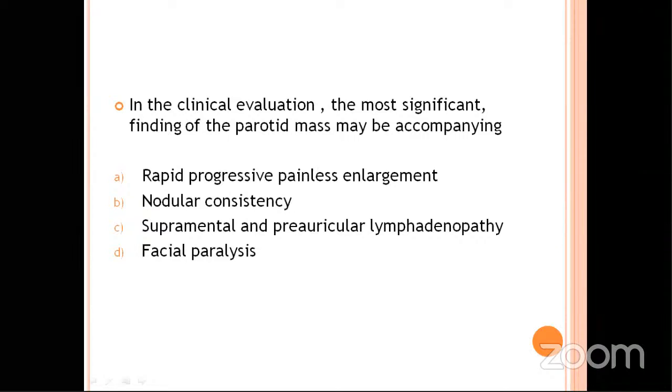It's actually facial paralysis. Why? Because the question is the most significant finding in a very short period; you have to go for facial paralysis. If it is present, it is more likely to be malignant. If there is nodular consistency, it is most likely to be pleomorphic adenoma. So before looking at consistency, we should ask whether facial paralysis is present.